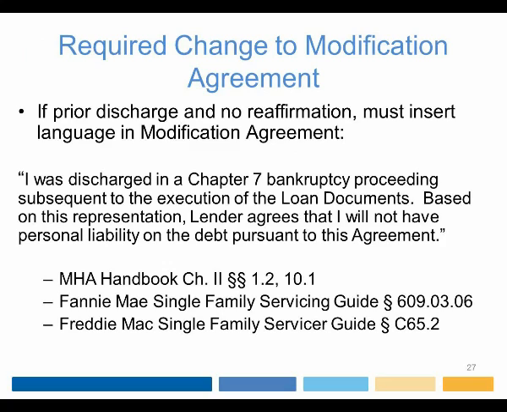What the servicer is supposed to do is consider you, and if you're eligible, they're supposed to modify the agreement to include language, which I've got on the slide for you here, which basically converts the modification agreement into a non-recourse agreement. It basically says, I was discharged, I'm not personally liable, and I'm not going to be personally liable on this mortgage. The lender still has the right to enforce the mortgage and can foreclose on the property. It's just that the homeowner is not personally liable.